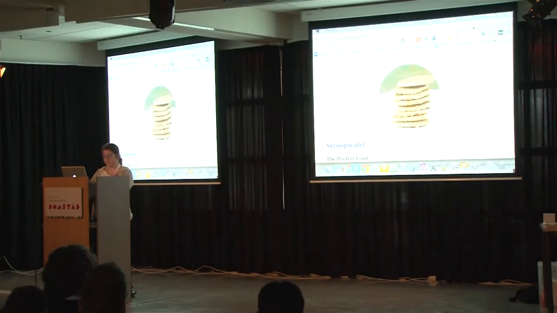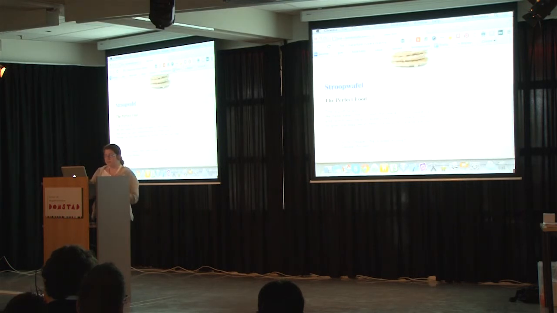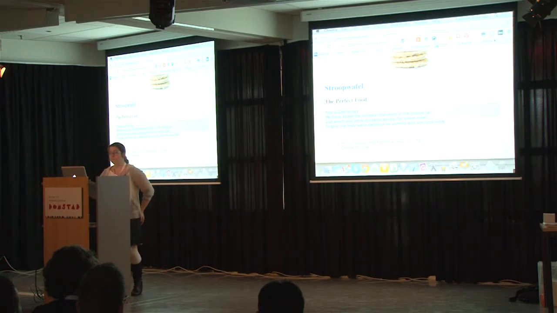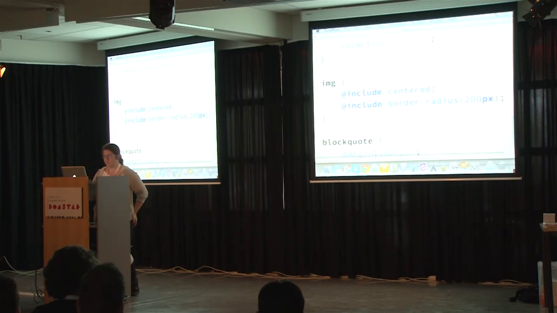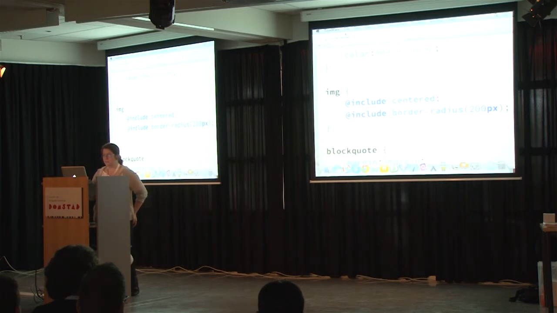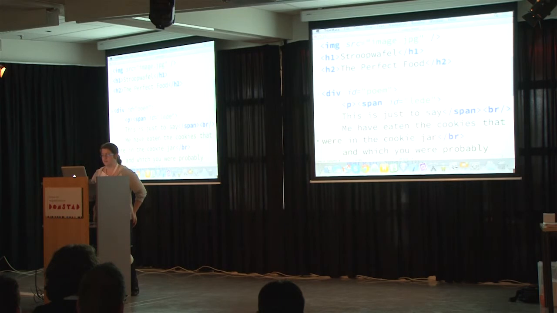So let's go back to our example. Here we have 4 lines of the poem. And the first line I've marked up a little bit differently. It's in a span, calling it the lead.